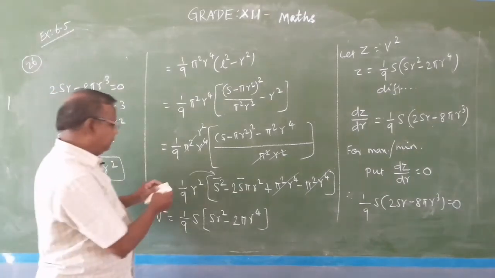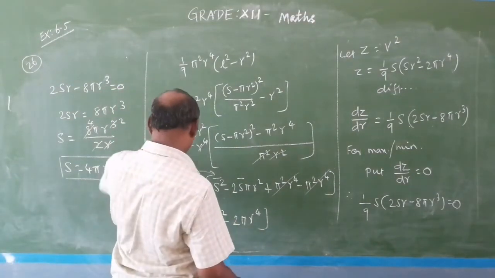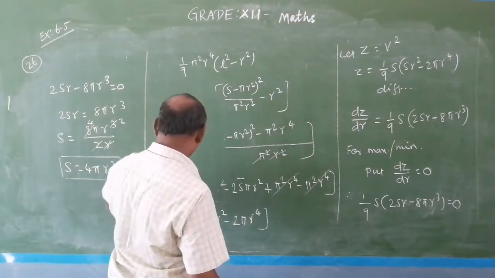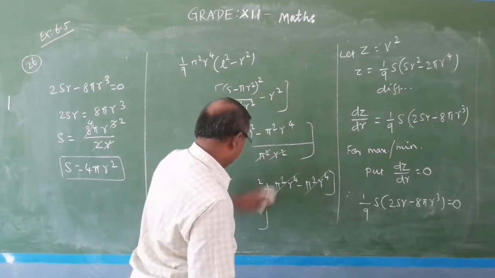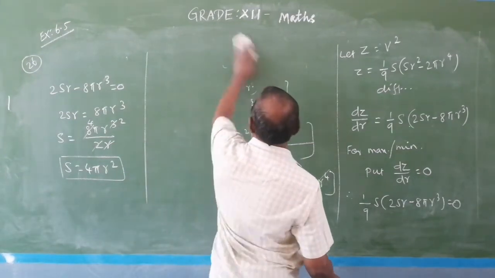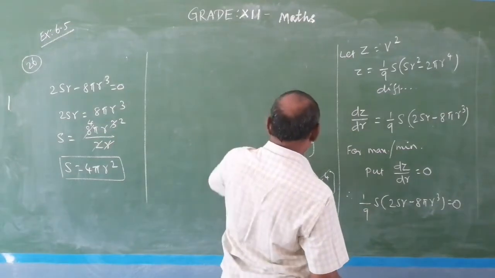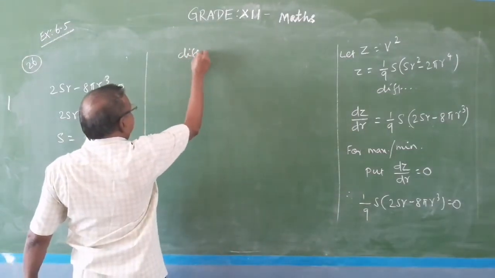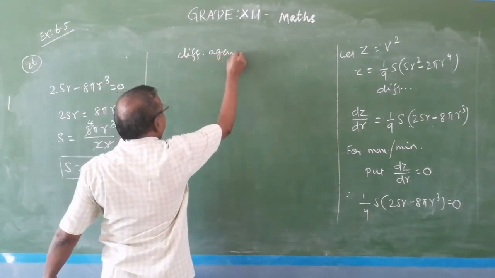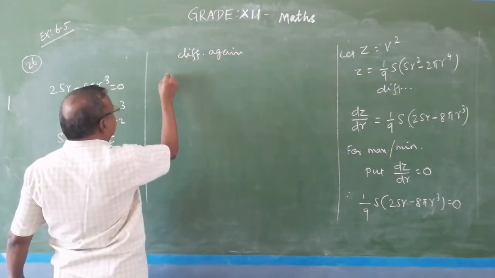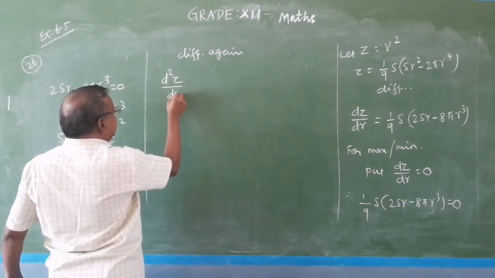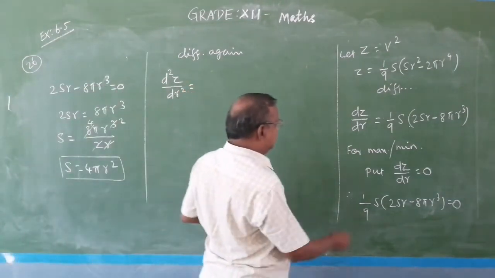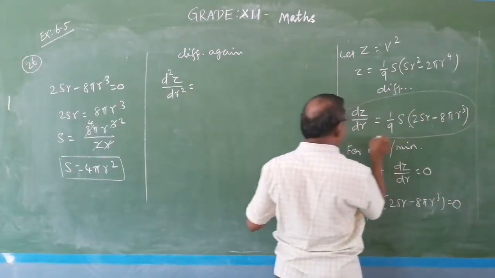Now we have to differentiate again. Differentiating again, d square z by dr square equal to, here dz by dr we have.